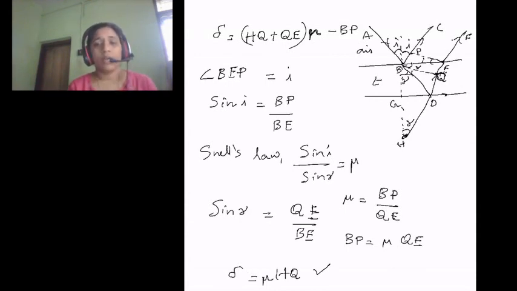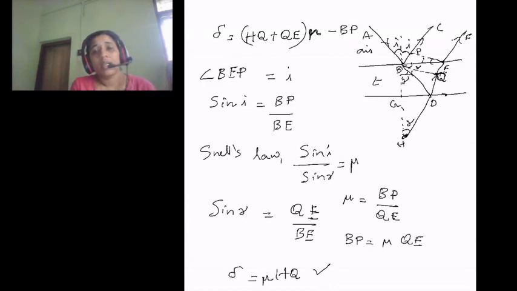But how are we doing this? This value is computed using the optical law, Snell's law. You might have already studied about it. BP is calculated from Snell's law, and Snell's law is nothing but refractive index equal to sin i by sin r. So the sin i is calculated from the triangle BPE.